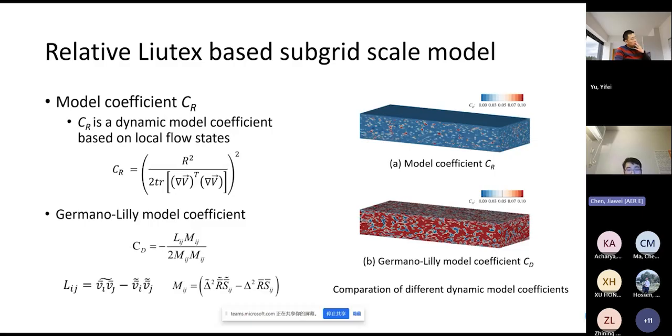And as you can see from these 2 figures, the Germano-Lilly model coefficient shown in figure B produces significantly larger values compared to our C_R coefficient in figure A. And this difference in magnitude has important implications for the predicted eddy viscosity and the overall behavior in LES simulations.